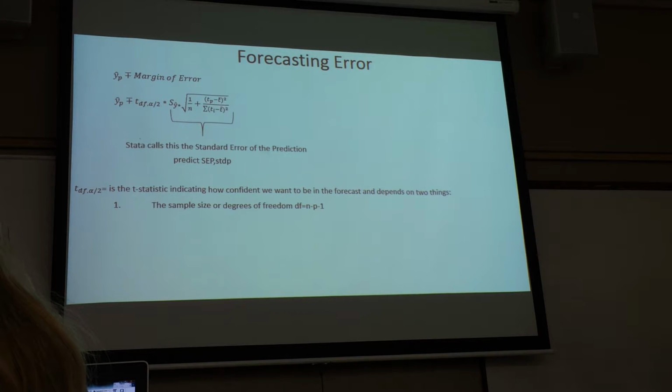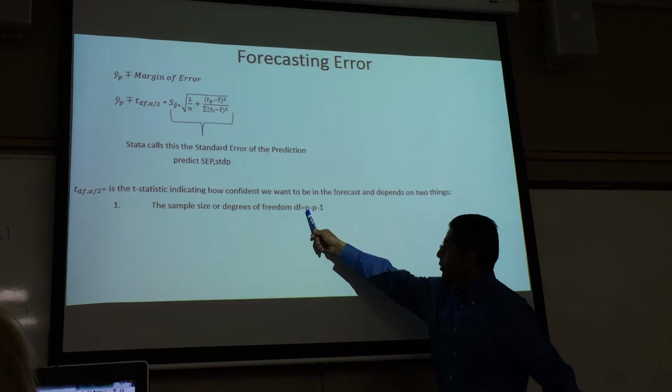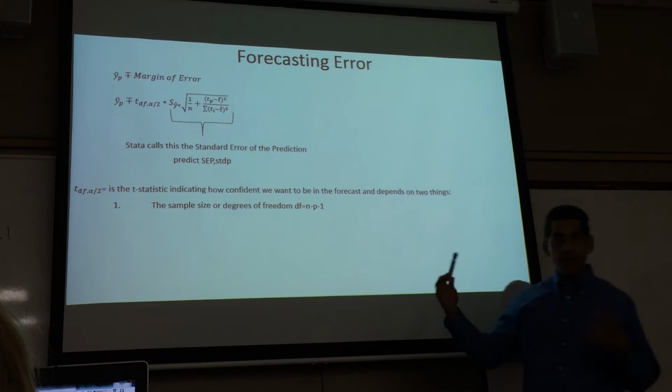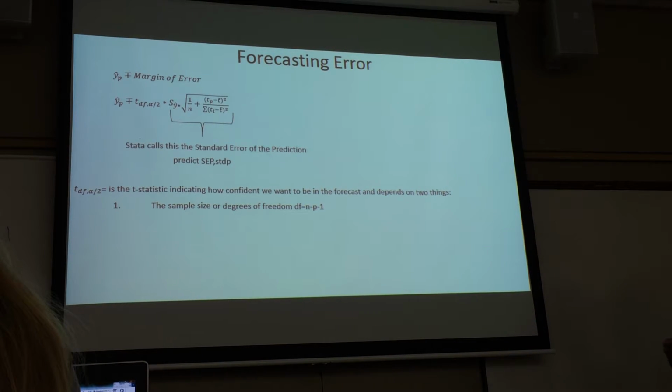It depends on two things: degrees of freedom, which is n minus p minus 1, which is basically the number of observations we have, the 83, minus p, the number of variables in our model, whatever that is, minus 1. And n was the number of periods? Number of periods.